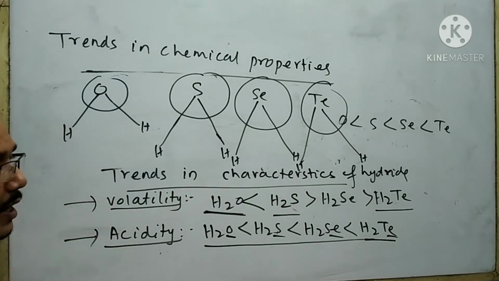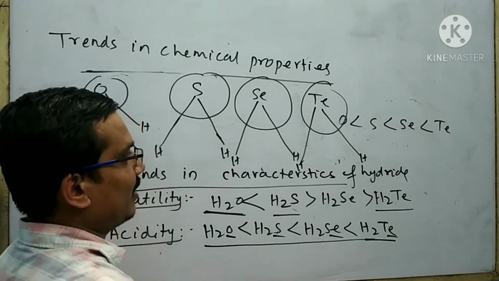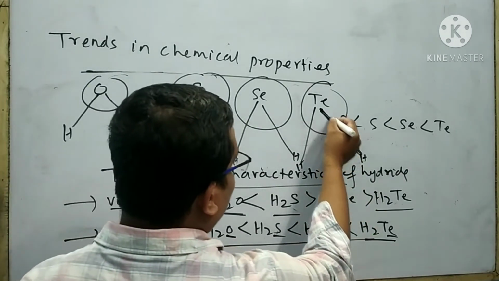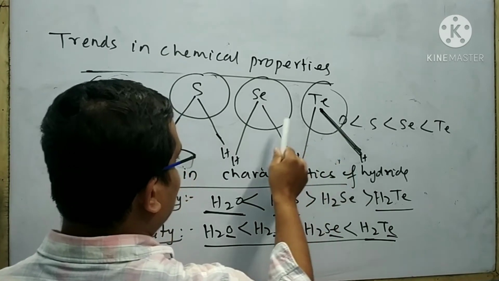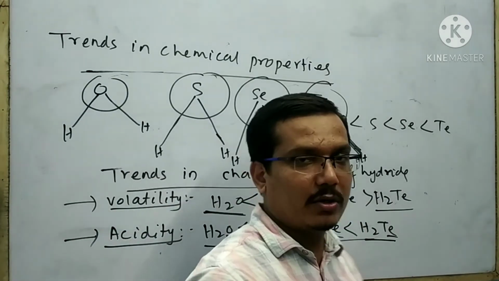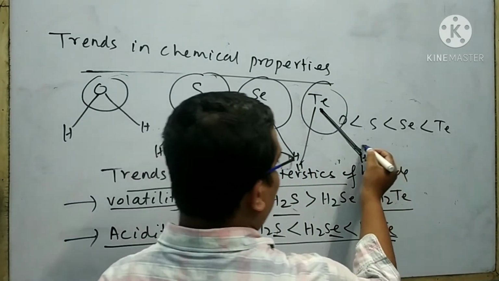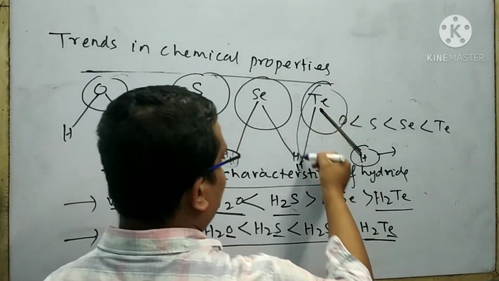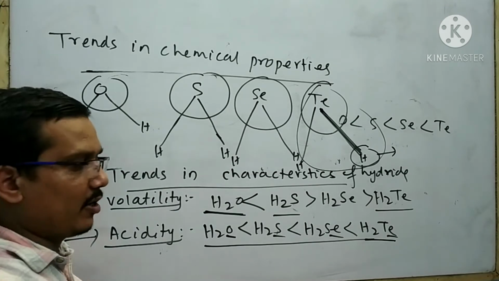That's why less energy is required to break this bond, as the bond dissociation energy is very low compared to the other bond, so cleavage of this bond is easier. That's why H+ can easily be released from this molecule and it shows more acidic character.